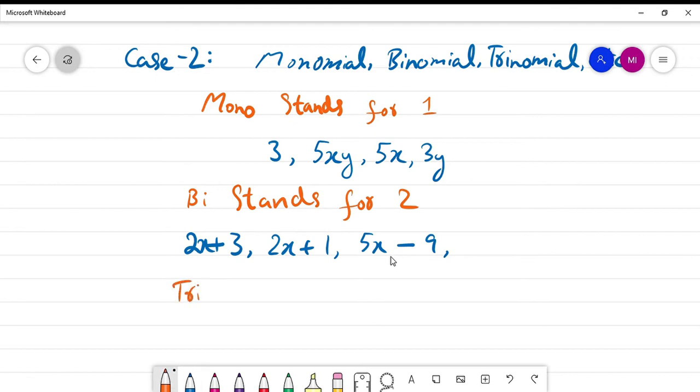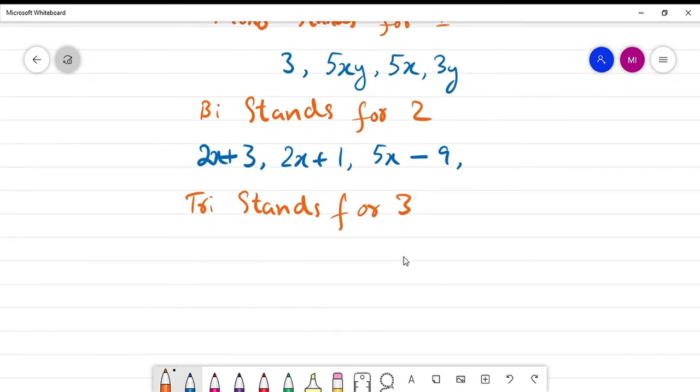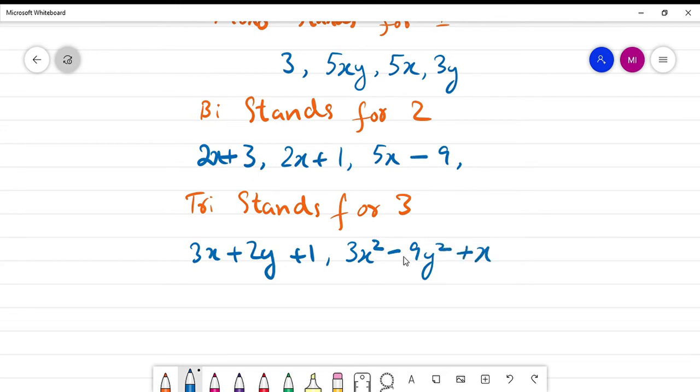And the trinomial stands for 3. So a trinomial has 3 terms, 3x plus 2y plus 1, or 3x squared minus 9y squared plus x, etc. And a polynomial, poly in polynomial stands for multiple or many.